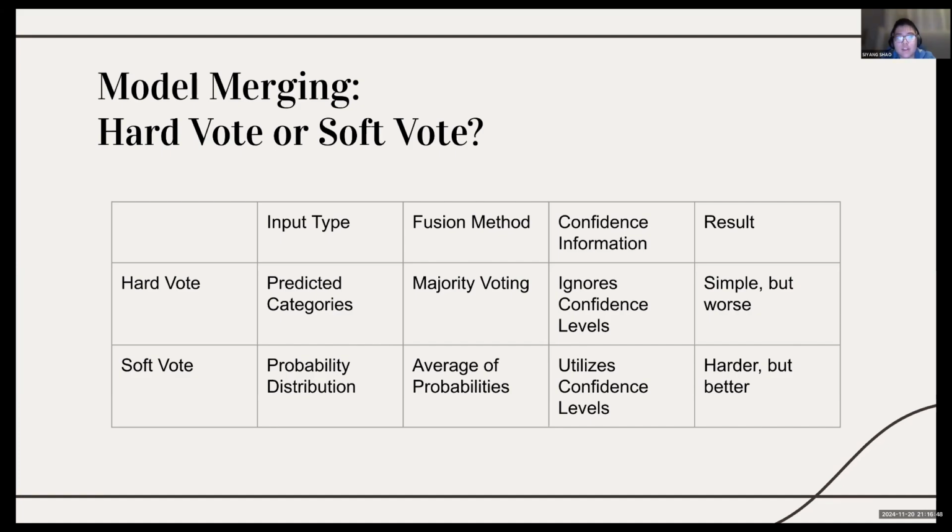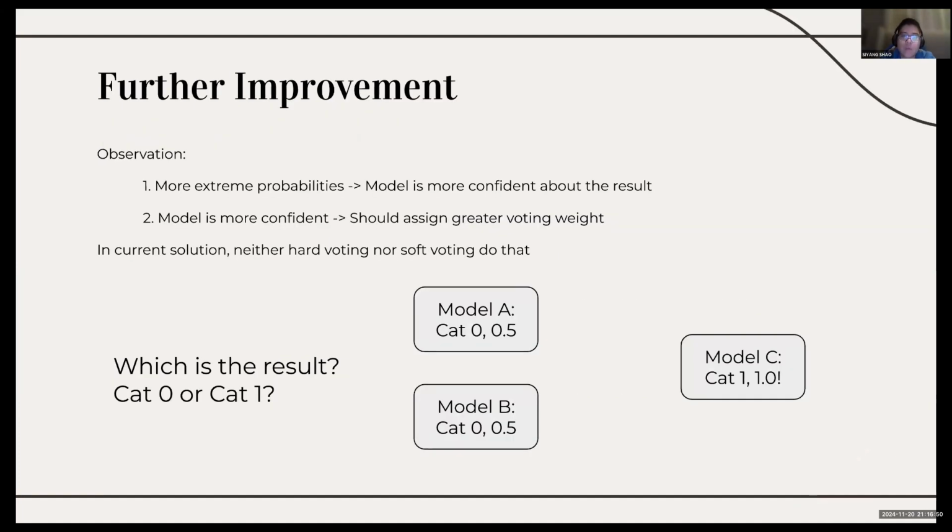However, let's think about some further improvements. We have two simple observations. Firstly, a more extreme probability result means that the model is more confident about the result. Secondly, if a model is more confident, we should assign a greater voting weight to it. For example, let's consider such a case. For an input, both models A and B predicted category 0 with 0.5 probability.